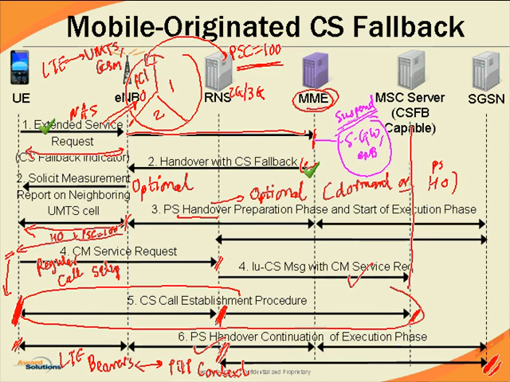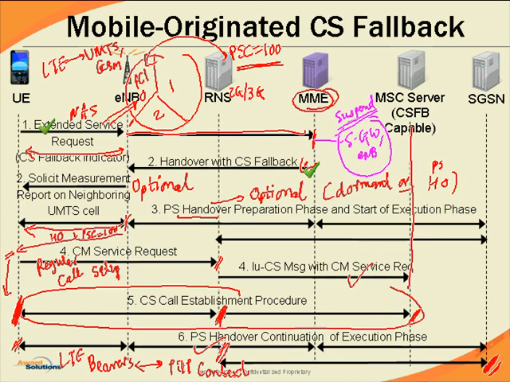For CS fallback, the requirement is that at a given location, both LTE, EUTRAN, and the legacy radio access network need to be available. Then only CS fallback is possible. If you are in an area where only LTE is available and no legacy technology, or vice versa, you are in only legacy technology and there is no LTE, then you cannot do CS fallback.